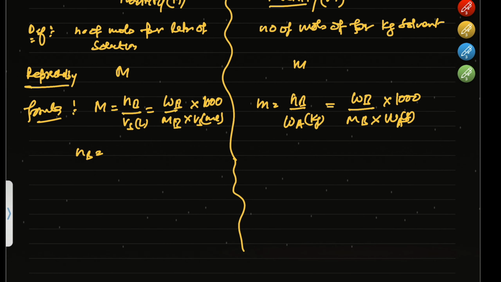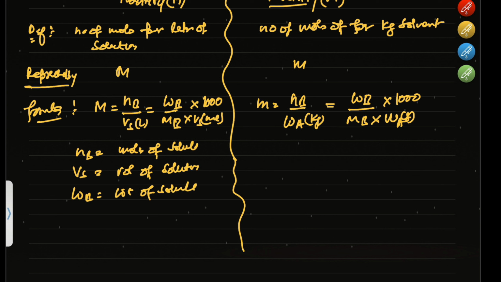Nv is equal to moles of solute. Vs is volume of solution. W is weight of solute. Mb is molar mass of solute.